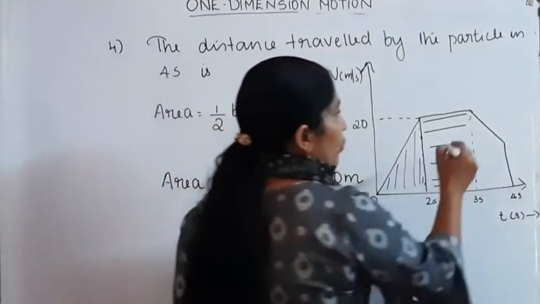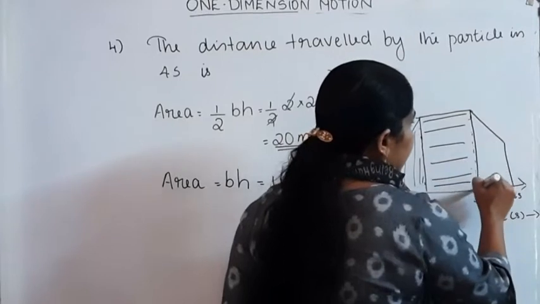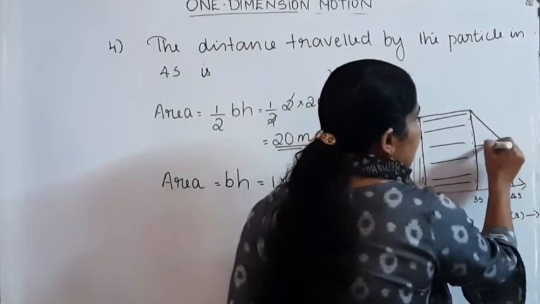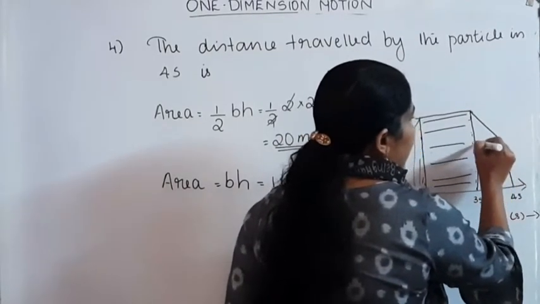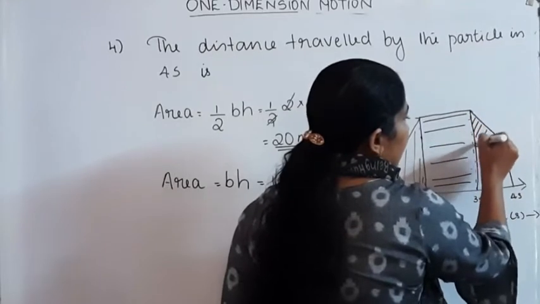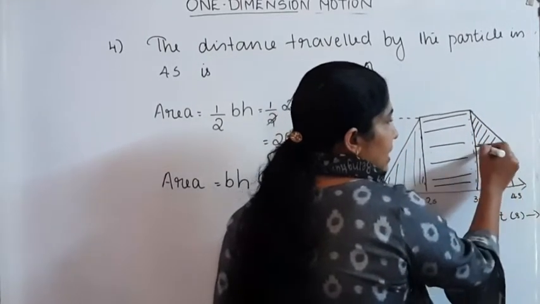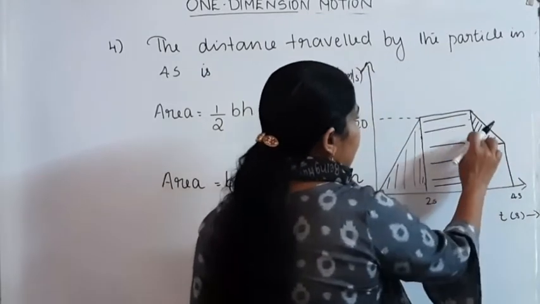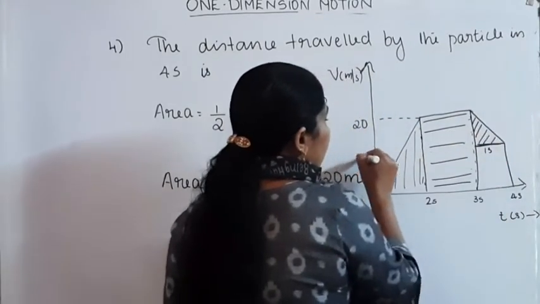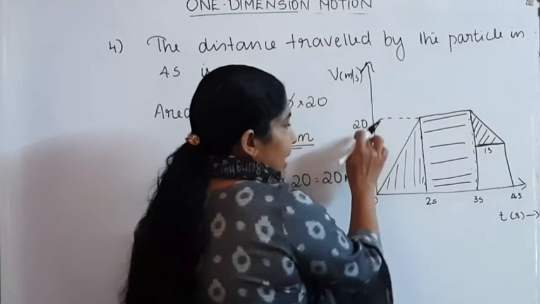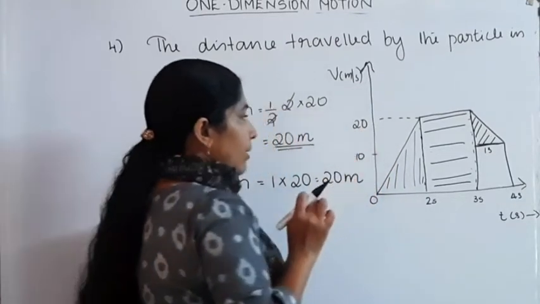Now, we want to find out the area here. Okay, this is a triangle. Base is equal to 3 seconds to 4 seconds, that is equal to 1 second, and height here is 20 to 30, that's equal to 10.